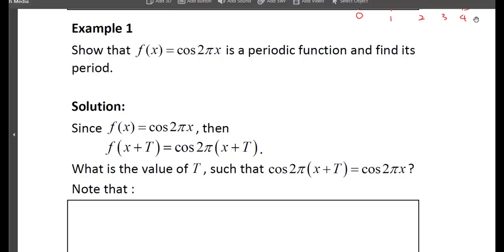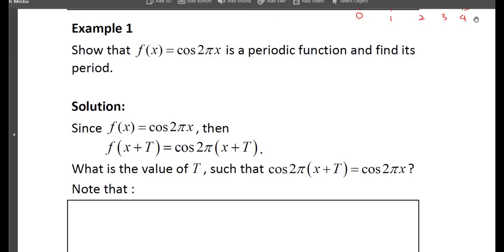Example 1: show that f(x) equals cos 2 pi x is a periodic function and find its period. Remember that our objective is to determine whether this function is periodic or not.